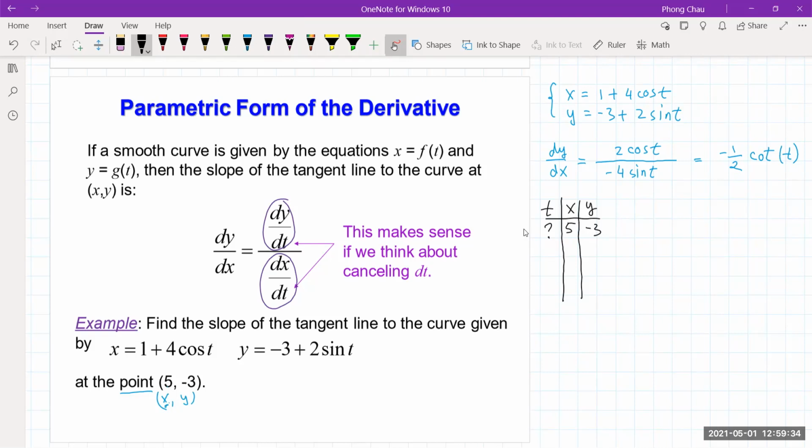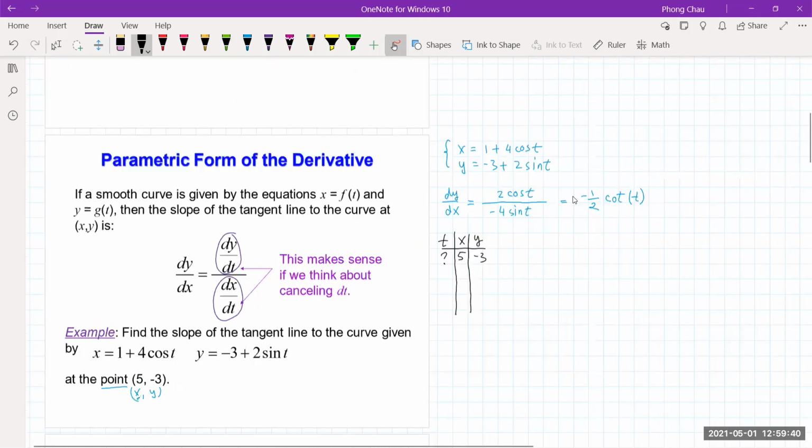Well, if x is 5 and y is -3, we end up solving a system of equations, and I need to solve for t.